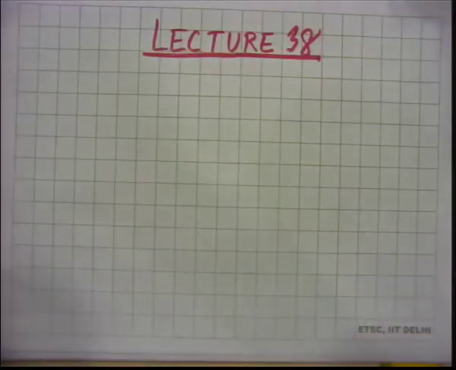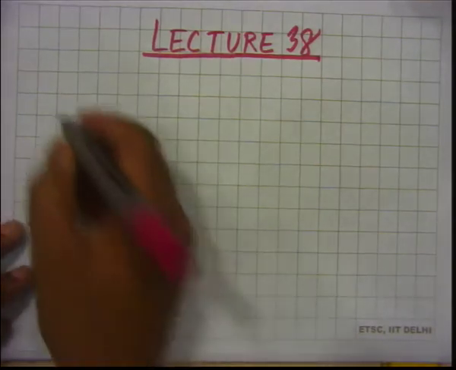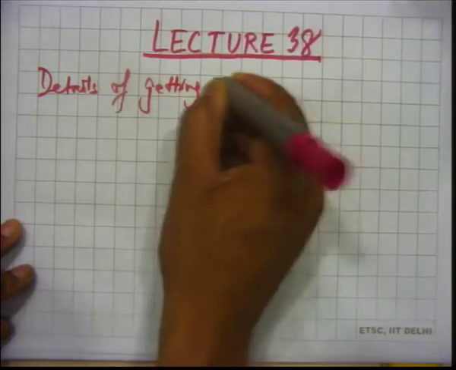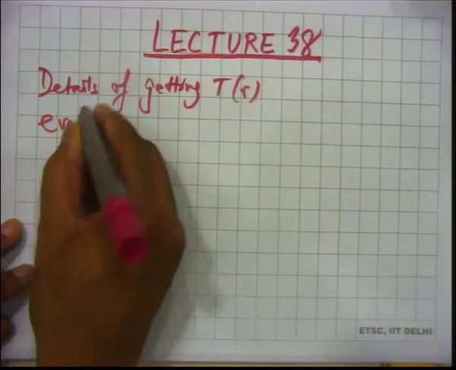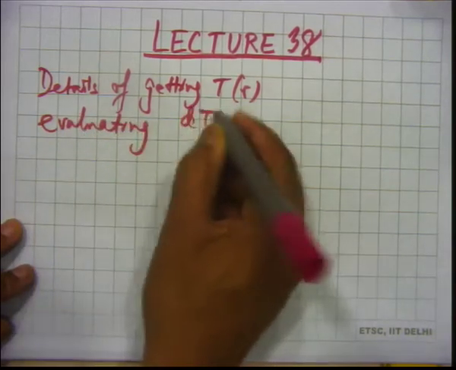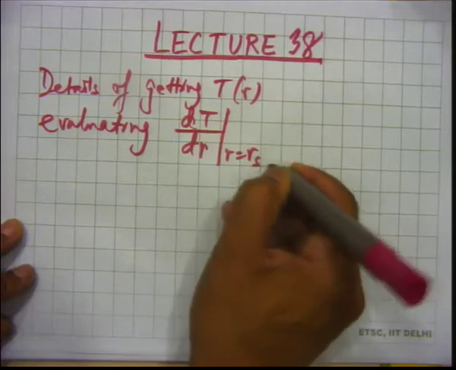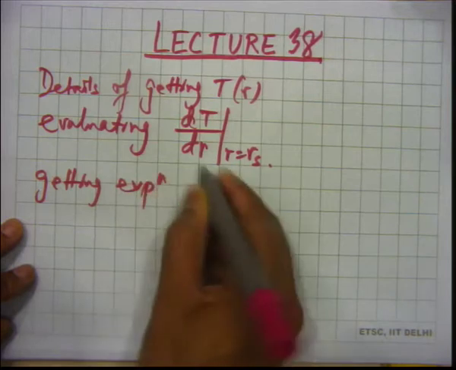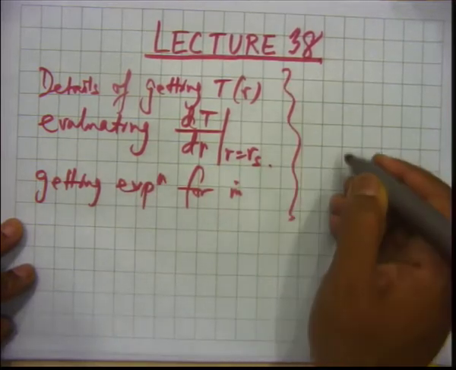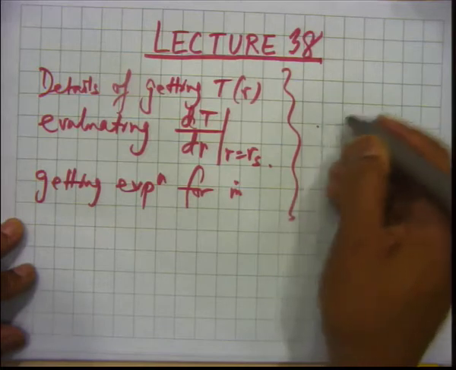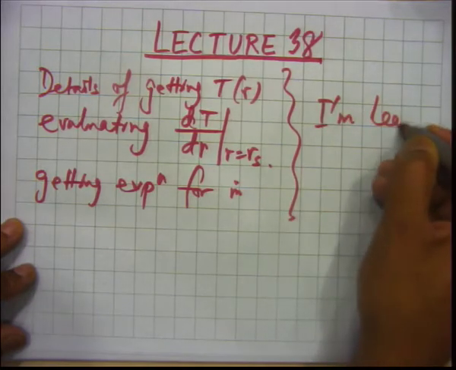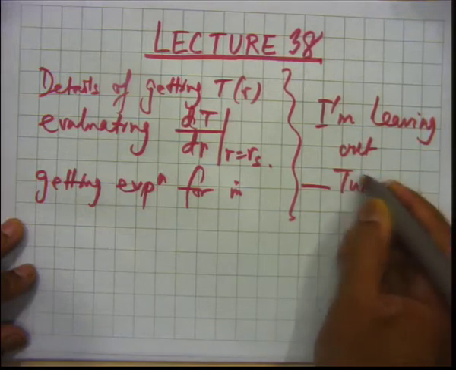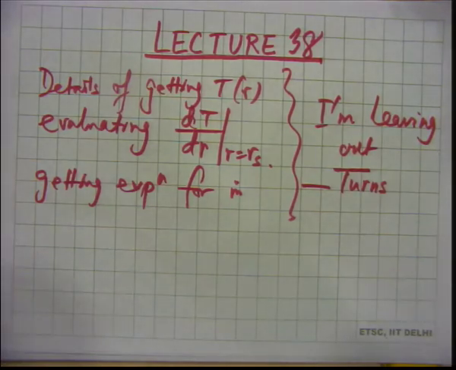So, I am leaving out the details of getting T as a function of R, evaluating dT/dr at R equal to Rs, and getting the expression for m dot, because you can see Turns's book and it is fairly straightforward.